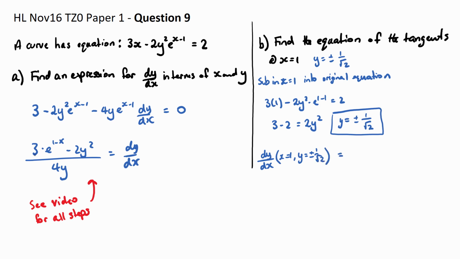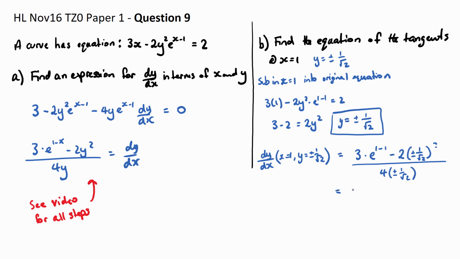So I'm using our answer from part A, 3 times e to the 1 minus 1 minus 2y squared. So if I have plus or minus 1 on root 2 all squared, all over 4 times plus or minus 1 on root 2.